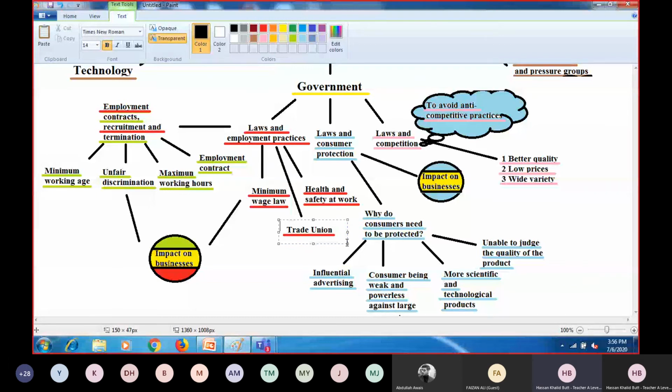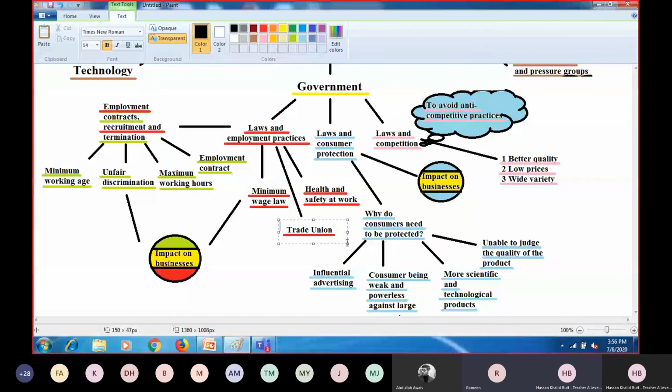Now, how is it going to have an impact on the business? Ramin, if a trade union is there because it is legally allowed for the employees, how is it going to have an impact on business, positive or negative? Sir, the employers need to make sure that salary is given on time.